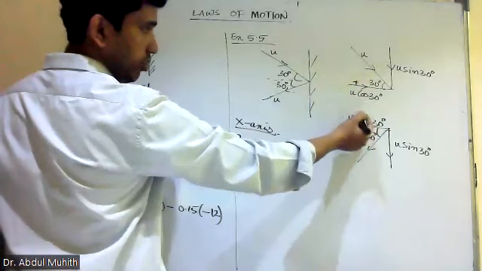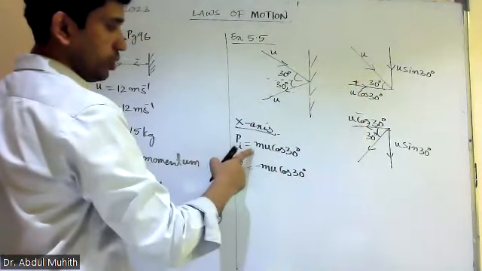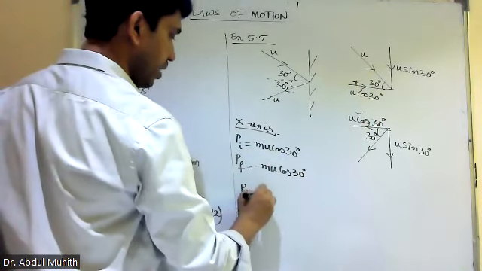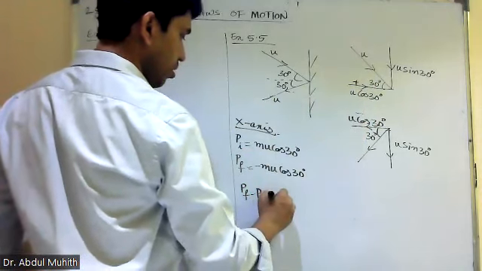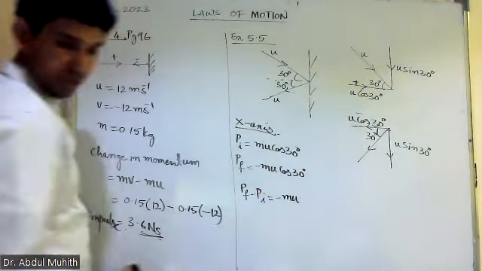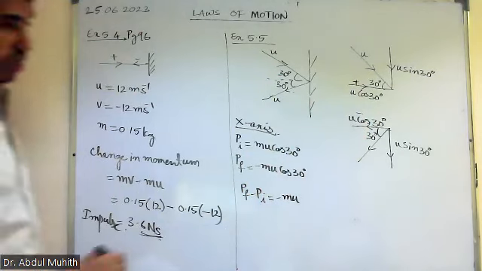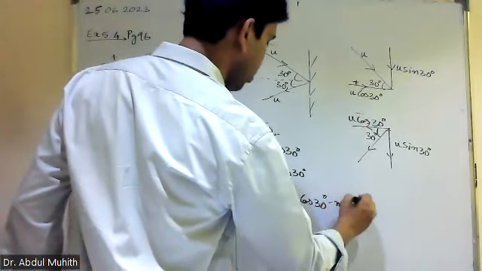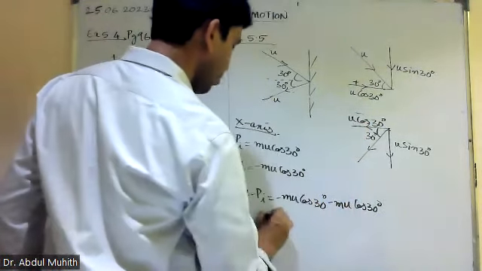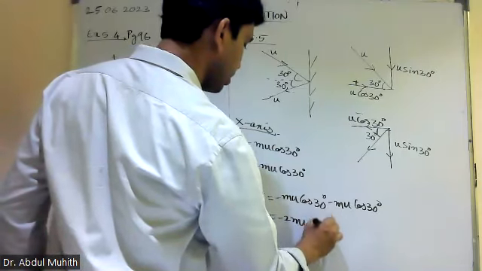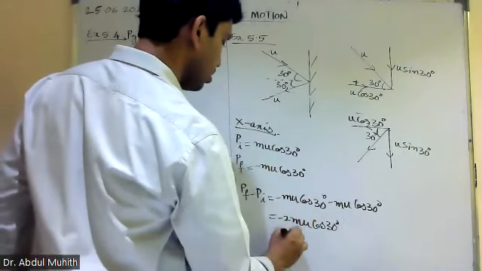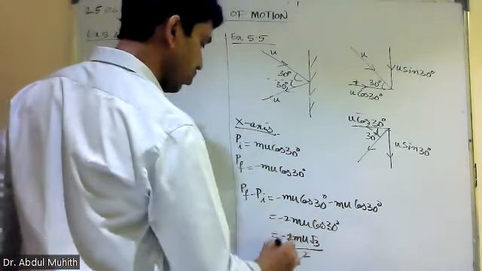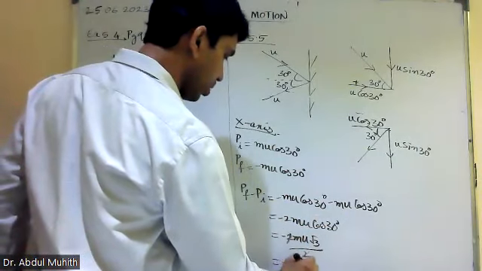This is positive and this is negative, because they are in opposite directions. So m into u cos 30 and minus m into u cos 30. So the change in momentum is Pf minus Pi. Pf is minus m u cos 30 and minus Pi, that is minus m u cos 30 again, so that will become minus 2 m u cos 30 degrees. Cos 30 is root 3 by 2, right? The 2s will go away. The answer is minus m u root 3.